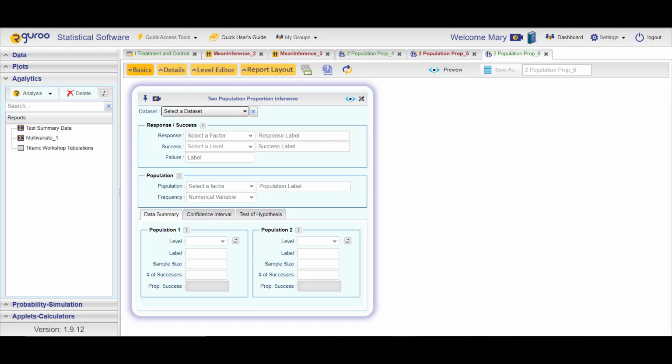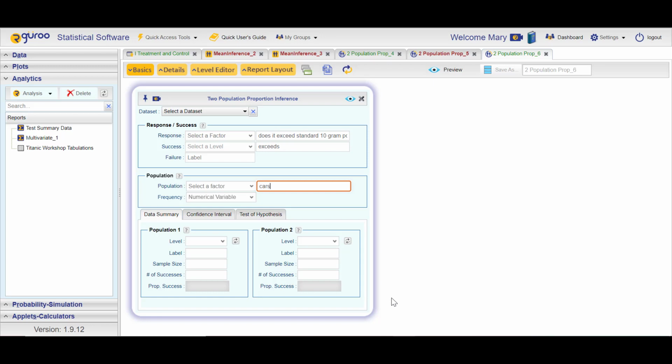All right, response label is, we're talking about whether it exceeds the standard 10 grams of particulate pollution. So I'm just going to say 10 grams pollution for short. And a success is that it exceeds.